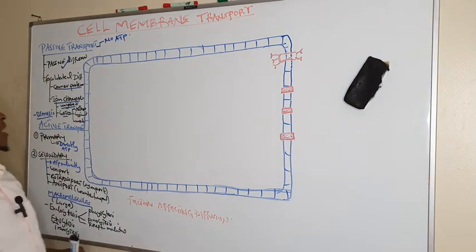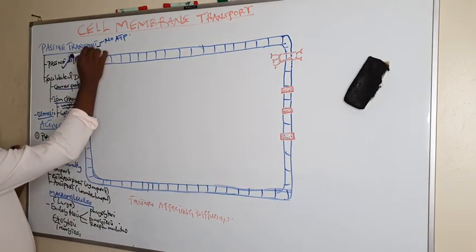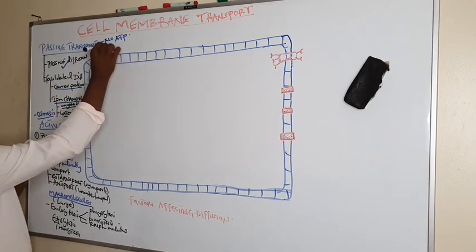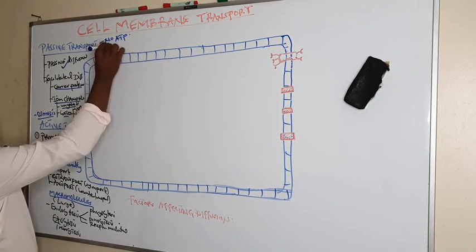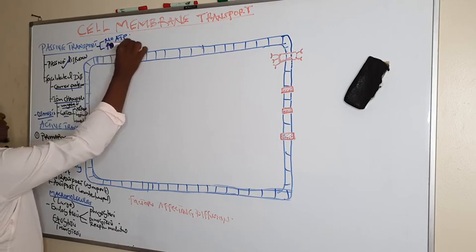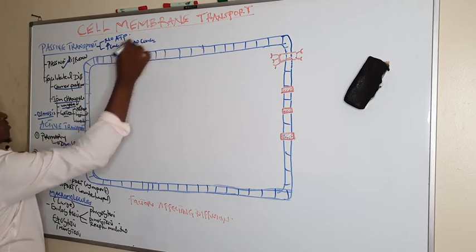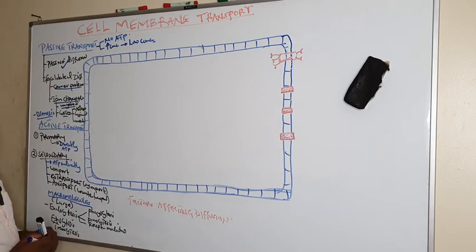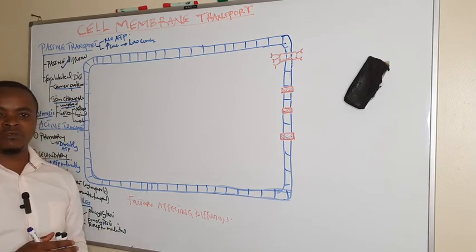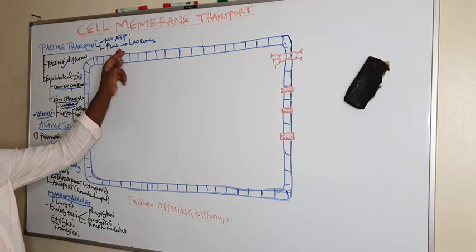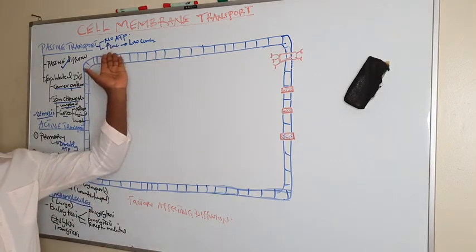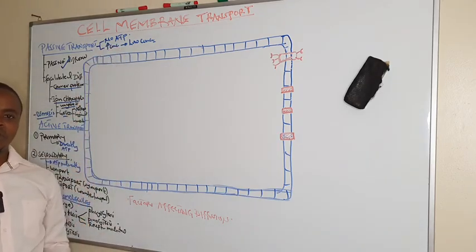We are moving substances from a region of high concentration to a region of low concentration, along the concentration gradient. That's why ATP is not required.